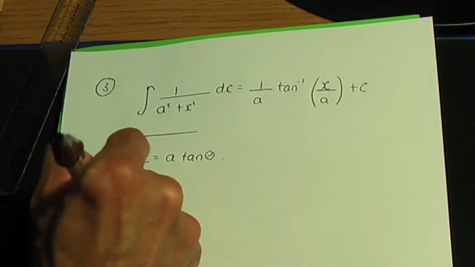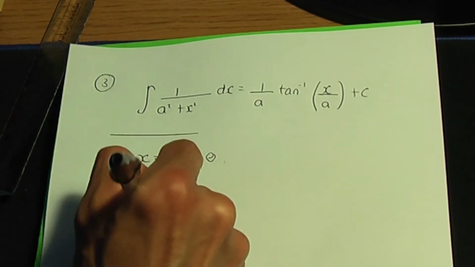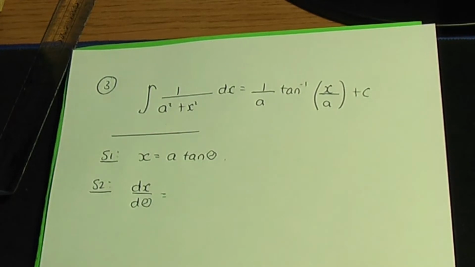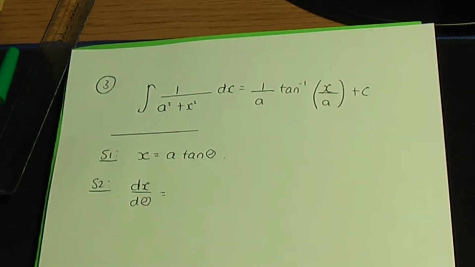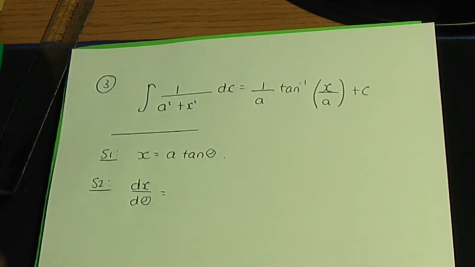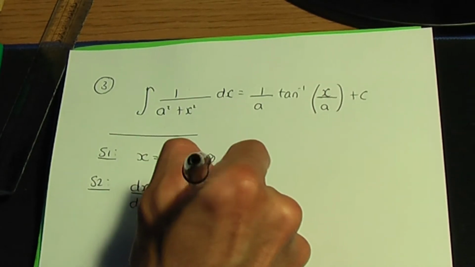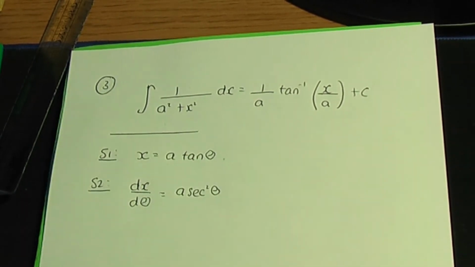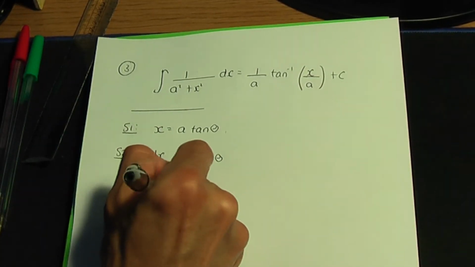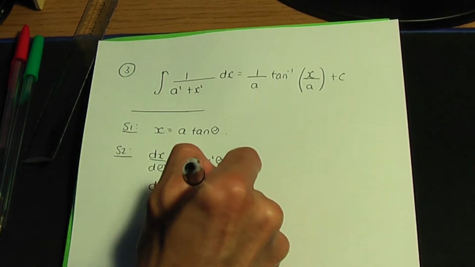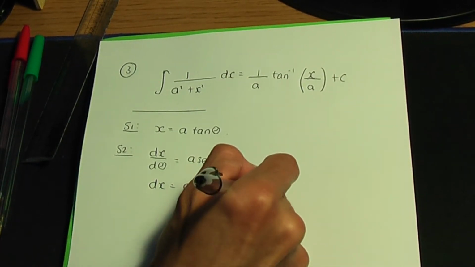So in step number 2, dx by d theta, so a is a constant bearing in mind, and when we differentiate tan we get sec squared, so it's a sec squared theta. Dx is going to be a sec squared theta d theta.